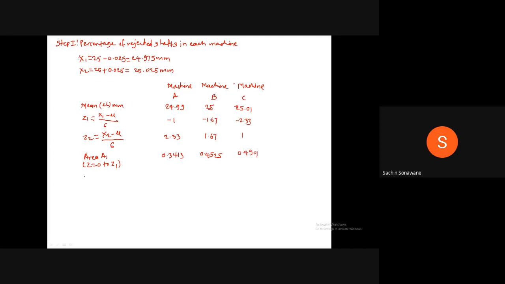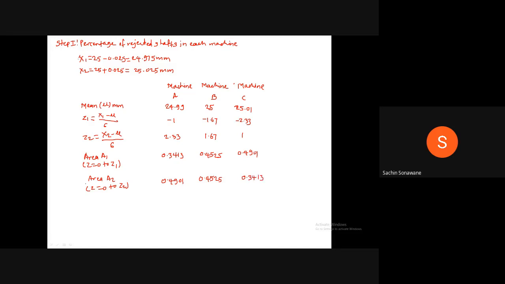Now area A2, Z from 0 to Z2. Therefore 0.4901, 0.4525, 0.3413.